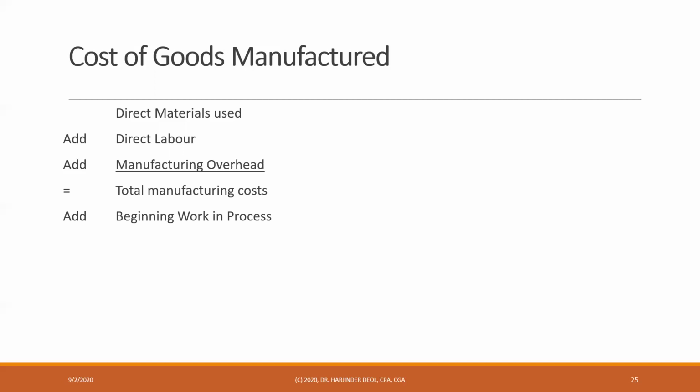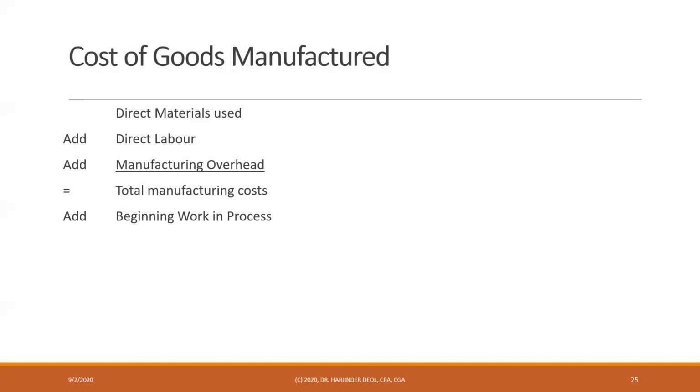Whatever work in process dollar amount you had at the beginning of the period, during the current period, you would have completed production of those work in process items. So part of the total manufacturing costs incurred in the current period relate to the cost of completing manufacture of the beginning work in process.